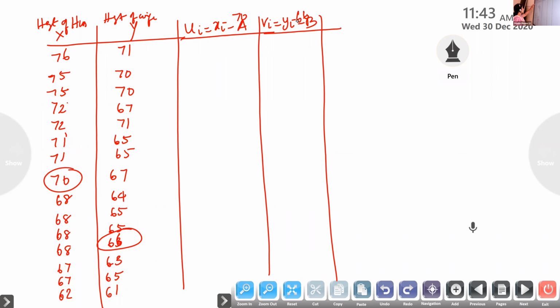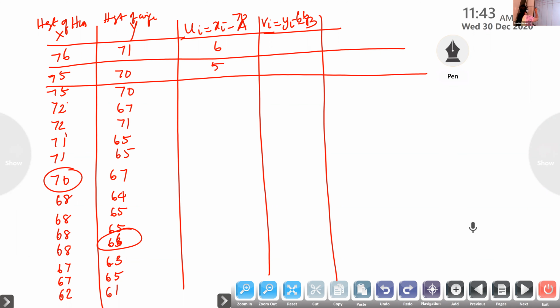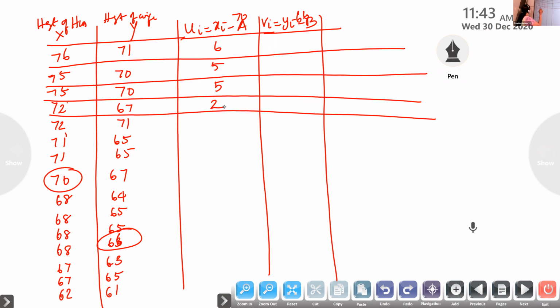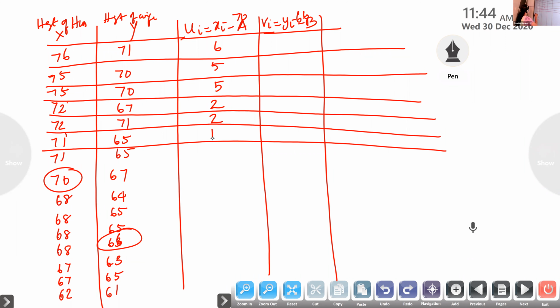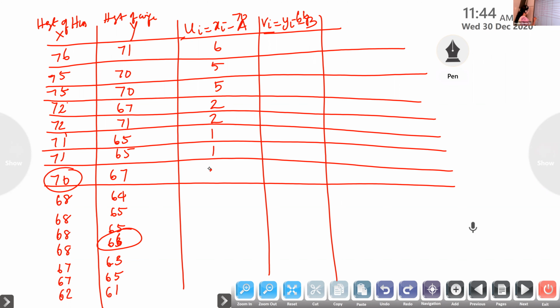Now define ui. 76 minus 70 is 6, isn't it? The next one is 5. I'll draw the line so it will not be confused. Again the next one is 5, then 2, again 2, then 1, again 1, so it is 0.